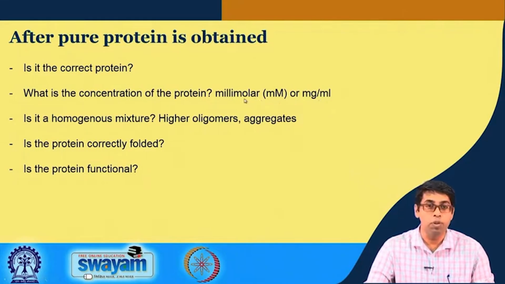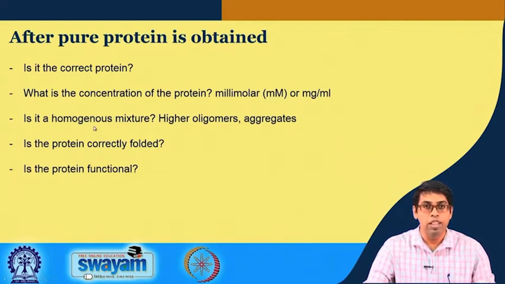One is millimolar, which is the number of millimoles present in 1 liter of your solution. The other unit that is very frequently used is milligrams per ml, the number of milligrams of protein that is present in 1 milliliter of solution. Somehow we have to estimate the concentration of protein in one of these two units, and these are easily interchangeable.